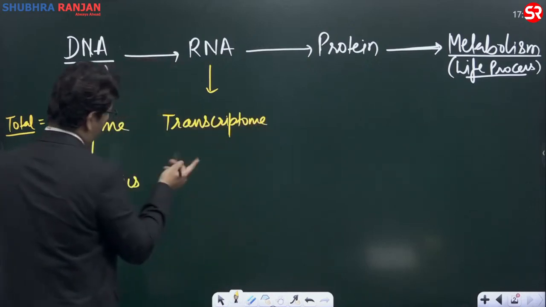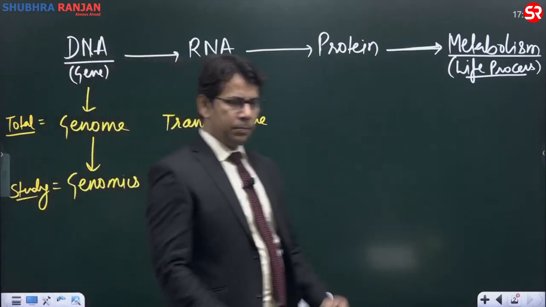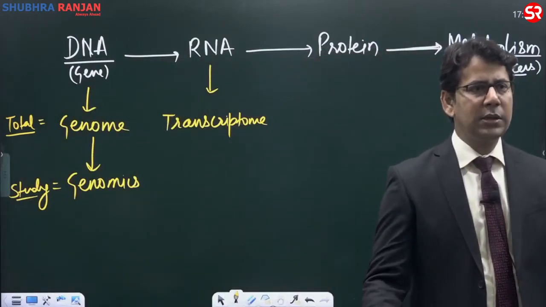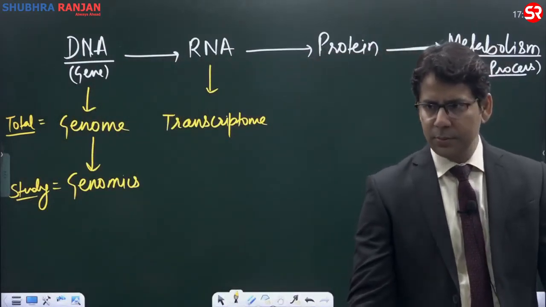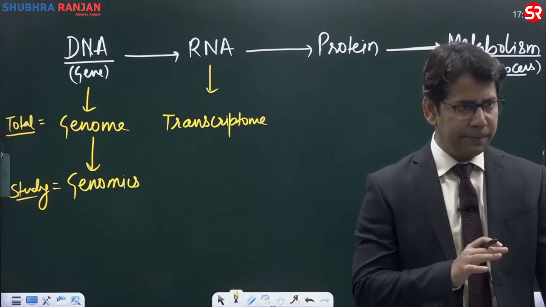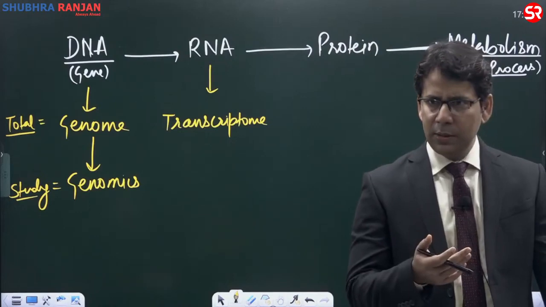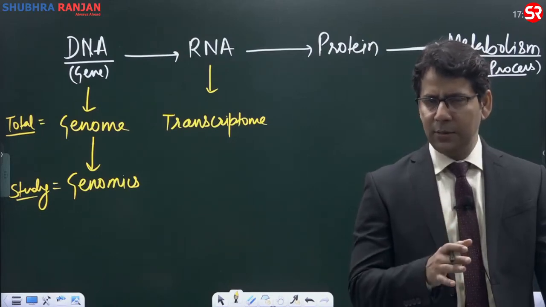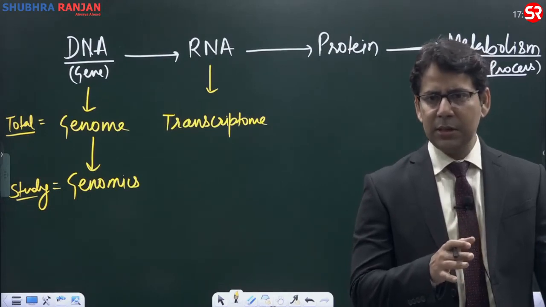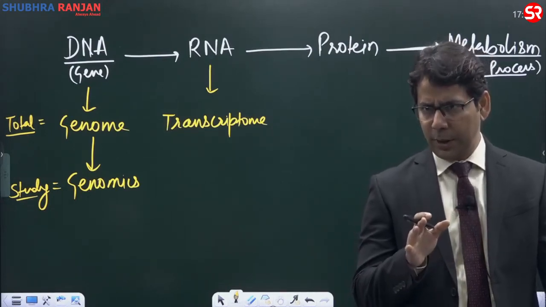Now you know why it is called transcriptome. Because the process by which RNA is made is known as transcription. So transcription is a process of RNA formation by DNA. And total RNA present in a cell or total RNA present in a body organism is known as transcriptome, right?